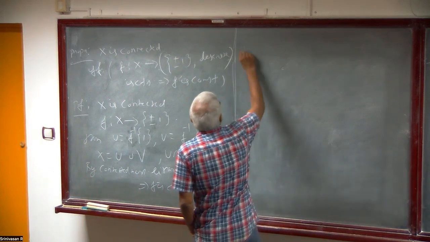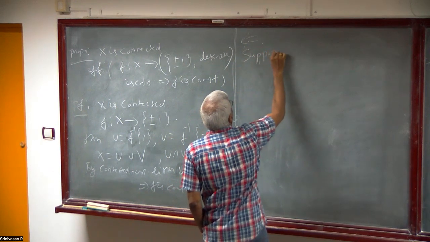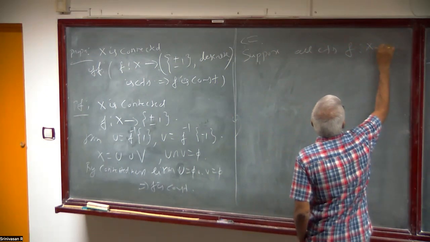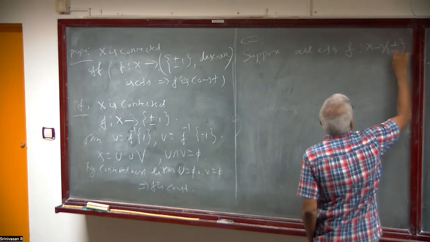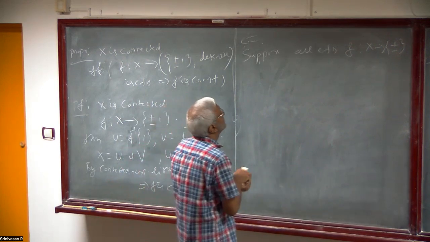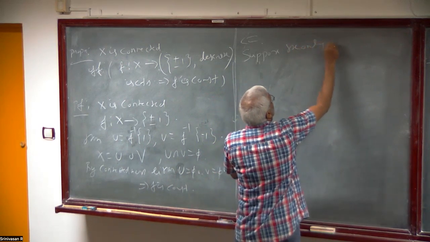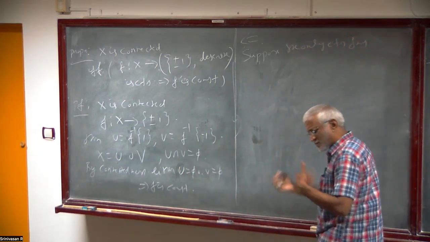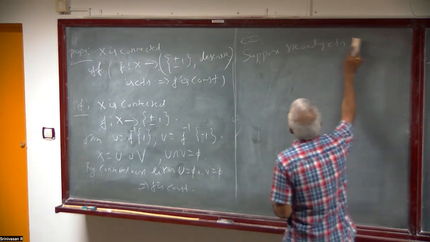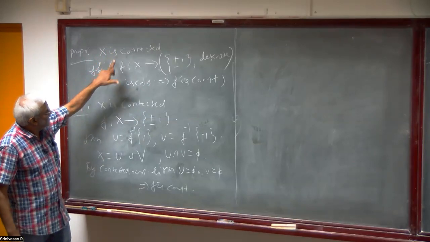On the other hand, suppose the only continuous functions from X to plus or minus 1 are constant functions. No, let's prove the other way: let's prove that if this does not happen, that does not happen. We proved that X is connected implies this; now not connected implies not this.